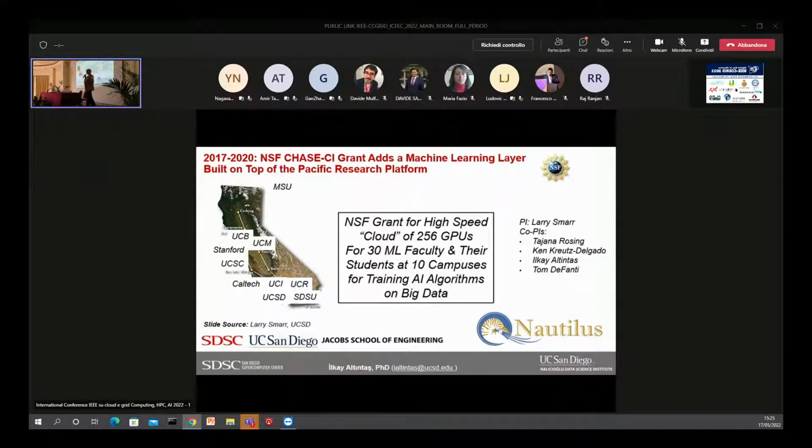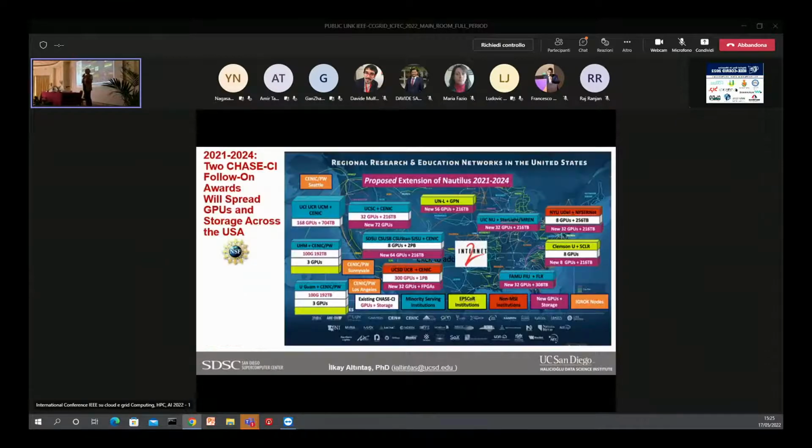And then we took PRP and added GPUs across that network to turn it into a Kubernetes cluster of resources. So once this was done, more is coming. Over the next couple of years, the idea is to add more GPU and storage across the USA, not just through California.